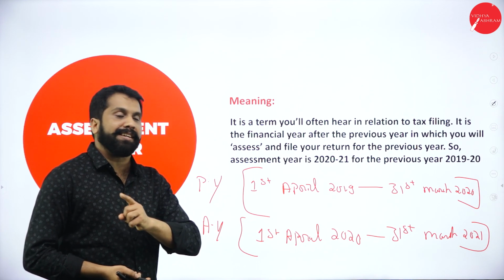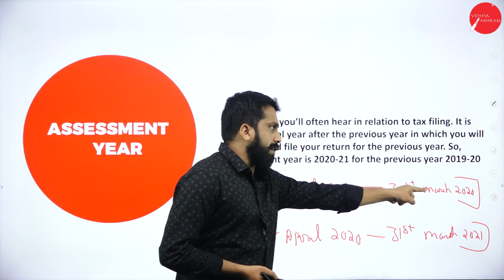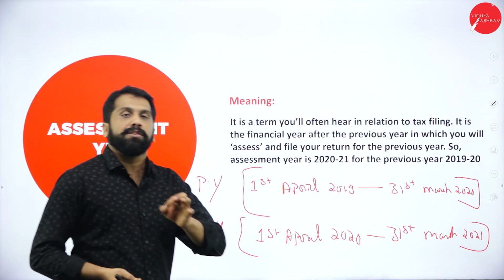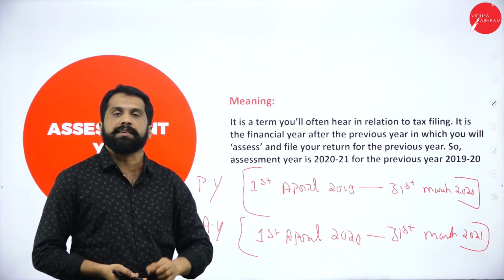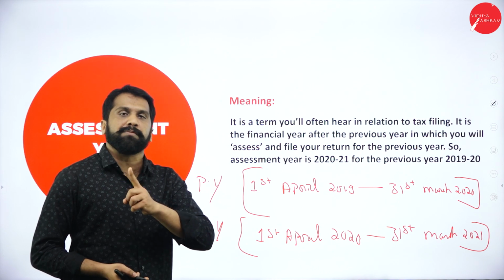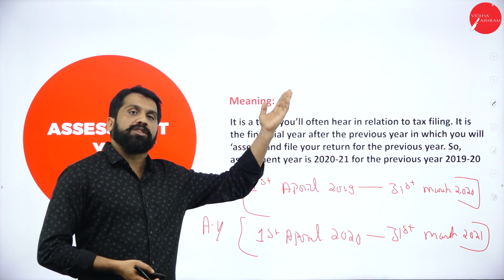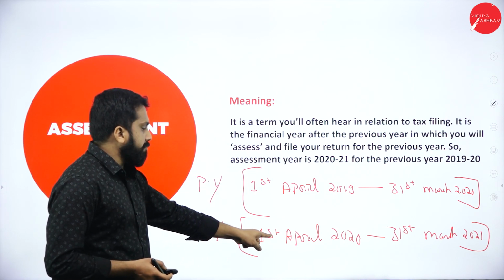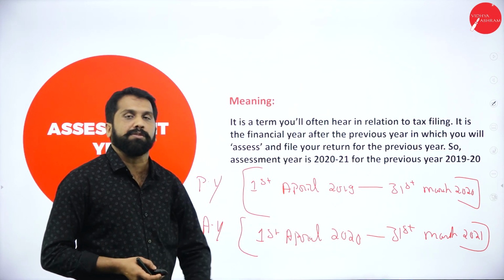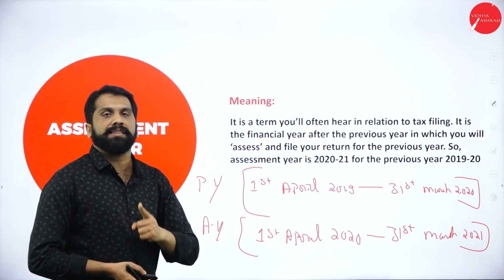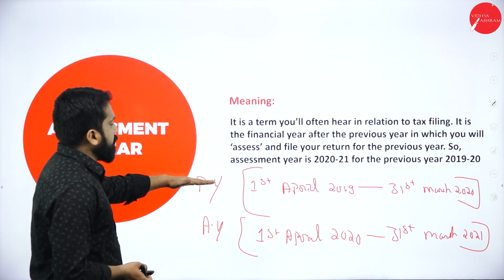Last year, when it ended on 31st March, from the next day itself, you should sit and calculate your income. They will give you 1 year. Within 1 year, you should calculate and pay off your tax. Next year, again, this will become the previous year, and 21 and 22 will become the assessment year. Clear? This is your previous year.